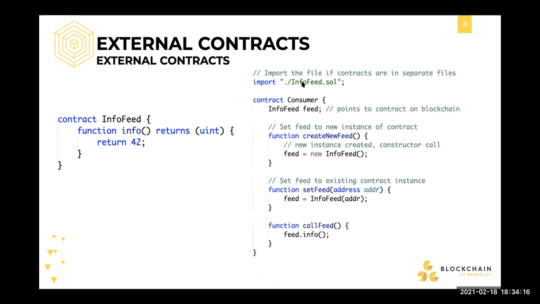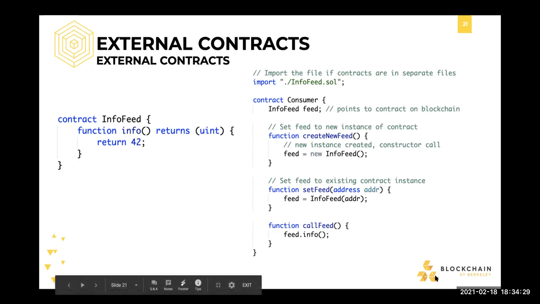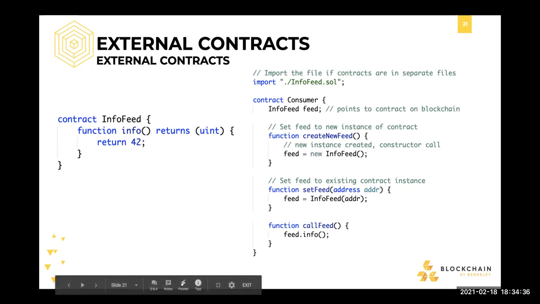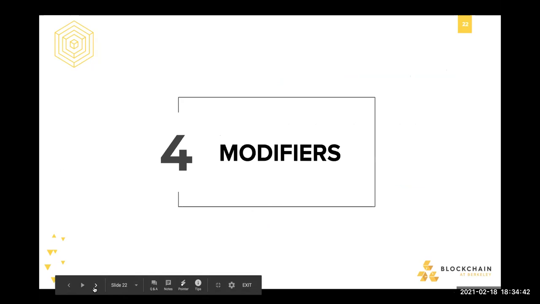We could do that by importing the address of InfoFeed into Consumer, because you need the absolute address over here. Feed.info comes from declaring a new instance of the contract. Anyone have any questions about external contracts?